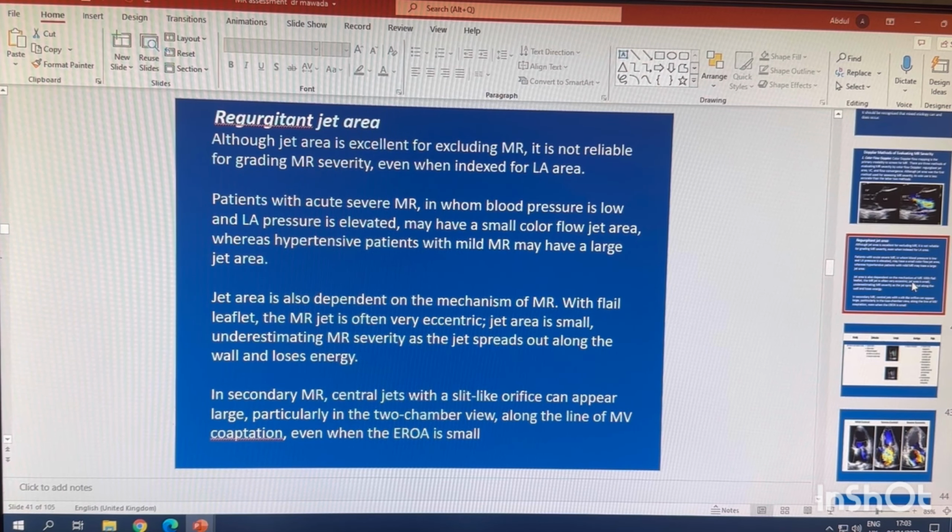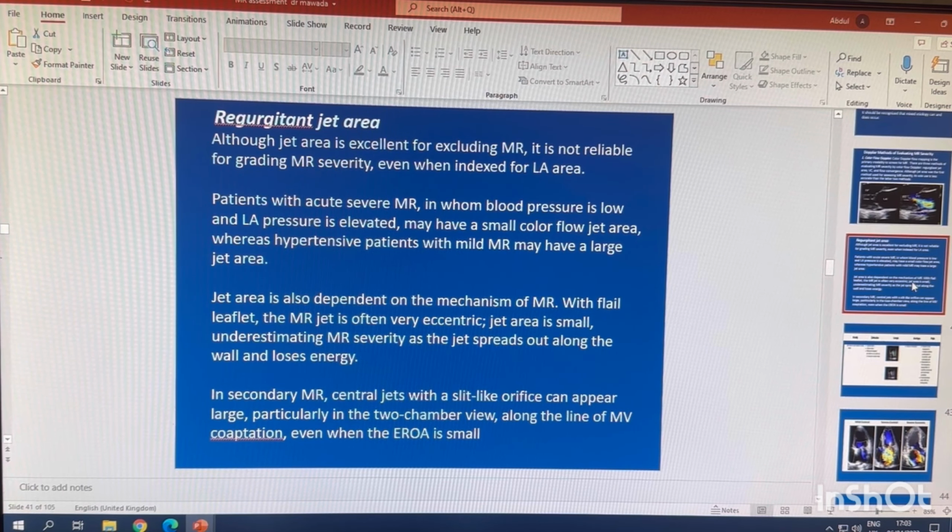So this is one thing which I explained earlier. Now I will show you the pulmonary vein Doppler and mitral E velocity. Let's talk about the mitral Doppler first. Mitral Doppler also helps us to detect severe mitral regurgitation. If your E velocity, as I told you, is more than 1.2 meters per second, it means there could be severe mitral regurgitation.